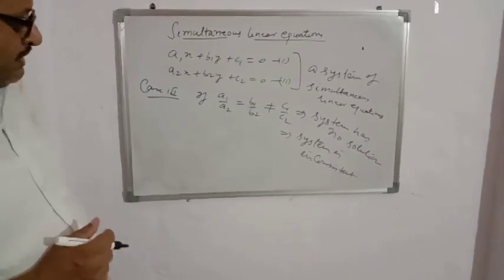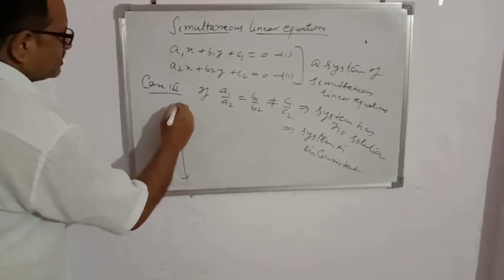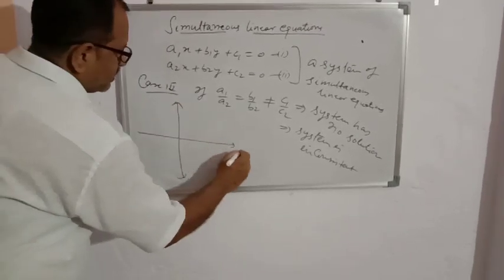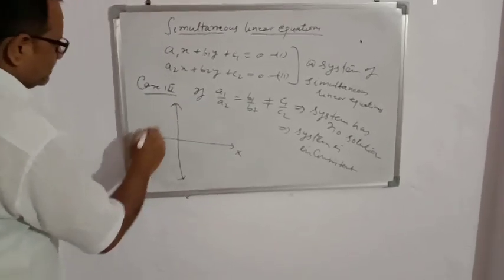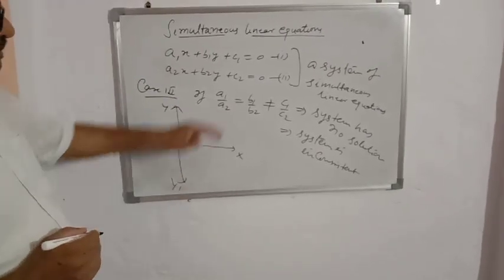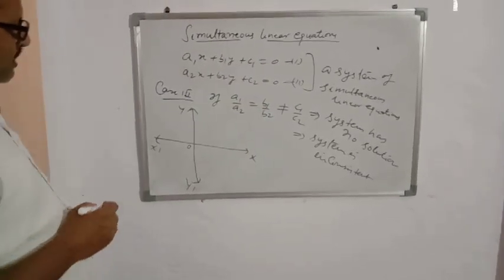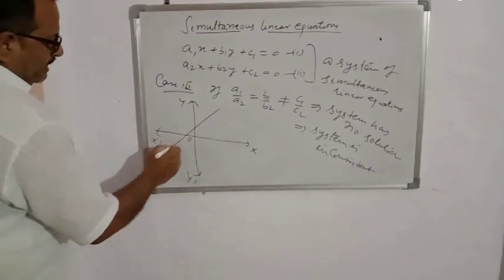We cannot solve it. And when we plot the graph of these two equations, this is the x-axis, y-axis, origin. Both equations represent a straight line. Both lines will be parallel like this.